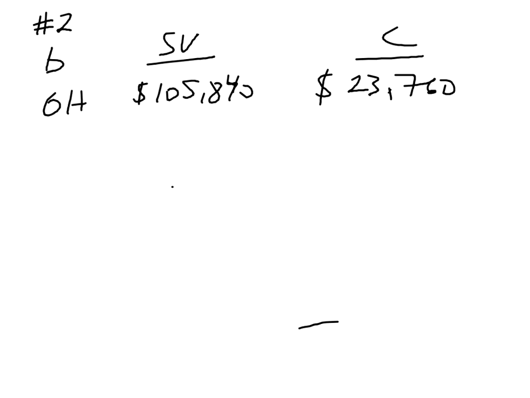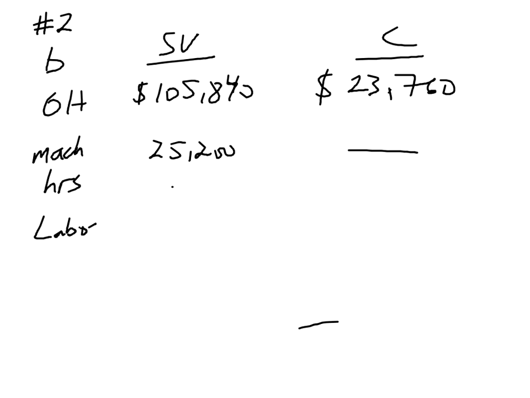All right, and then they decide that for Department SV, the allocation rate should be based on machine hours. Machine hours for SV is 25,200, and then for Department C, they decide to use labor hours, and labor hours was 18,000.